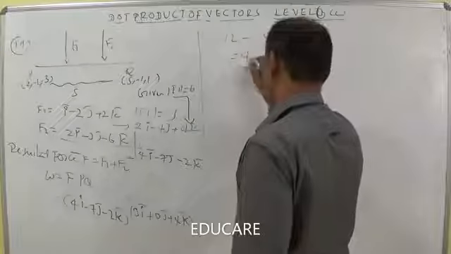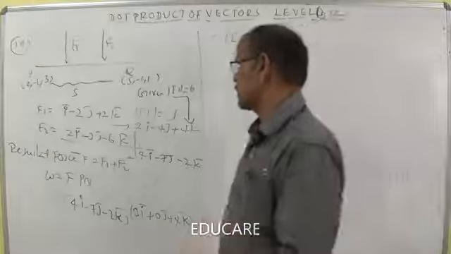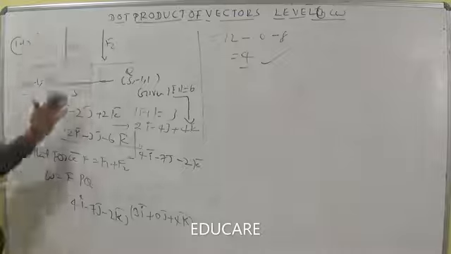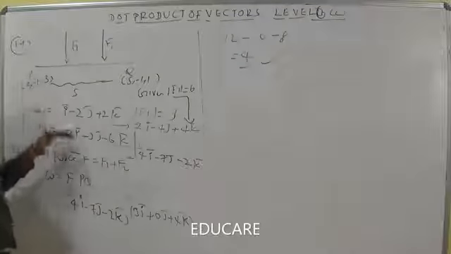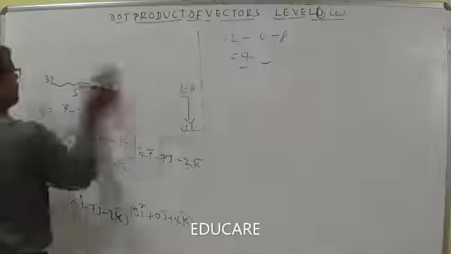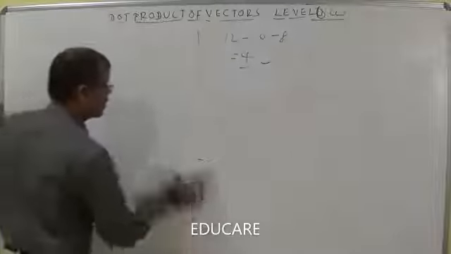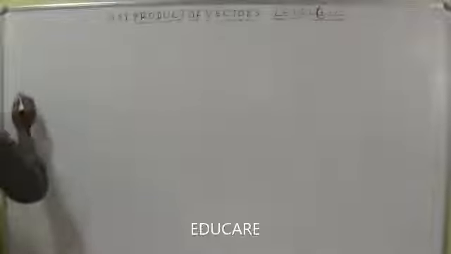Okay, 12 minus 8, we got 4. You can understand now. If the magnitude is double, then you should multiply the given force by 2, according to direction and according to the question. You should try to understand this regarding the work done. Next, 20.